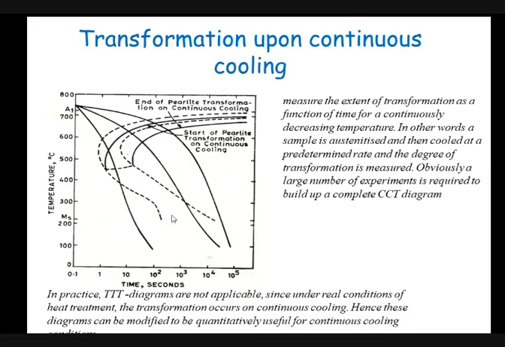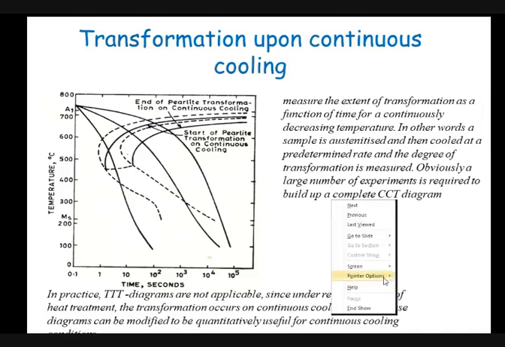This diagram we call the continuous cooling transformation diagram, CCT. Previously it was called TTT, time temperature transformation. But by performing the same experiment in continuous cooling, we have obtained this diagram, which is the CCT diagram. You can see it here in the CCT diagram.